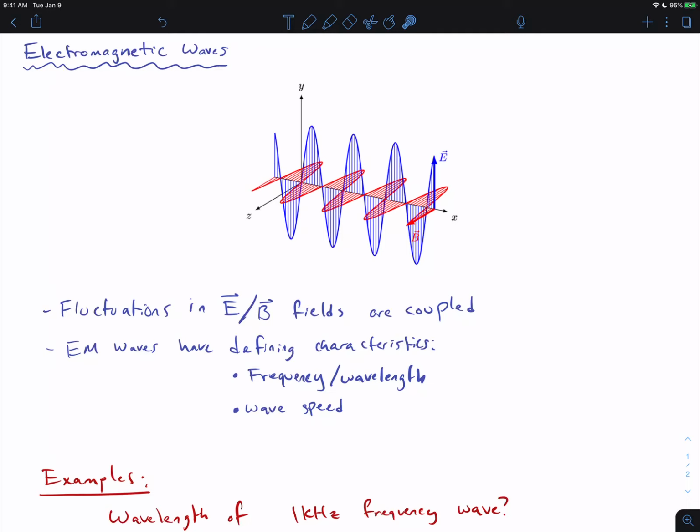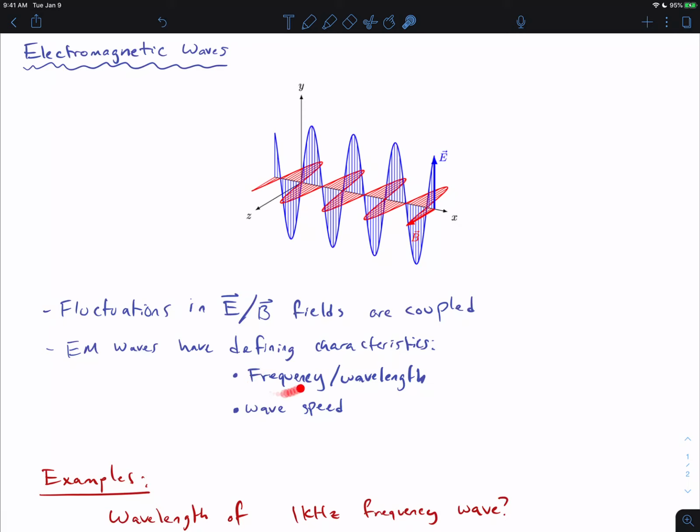So just a few things to start off is that my electric and magnetic fields are coupled, okay? And when we start talking about these fields that are coupled, these fluctuations or disturbances in electric or magnetic fields, we're going to talk about these with some vocabulary that we've seen before, maybe in Physics 1, but we want to review it here to make sure that we know what's going on in order for us to talk about light in this way.